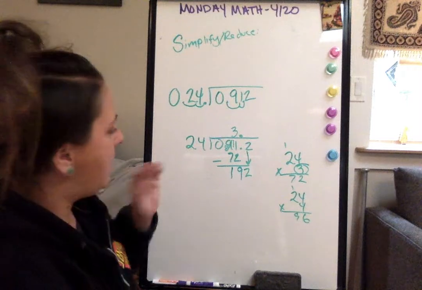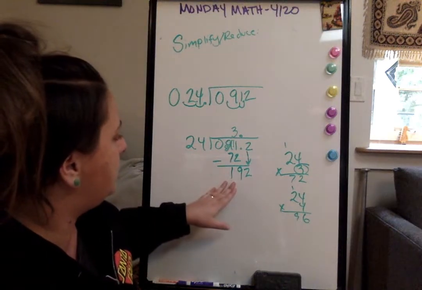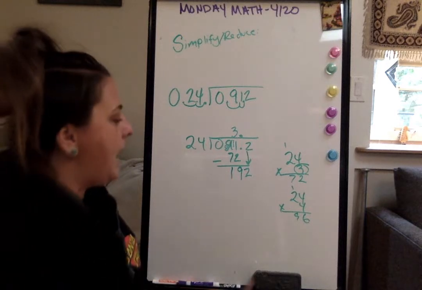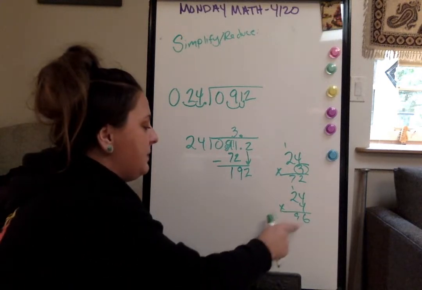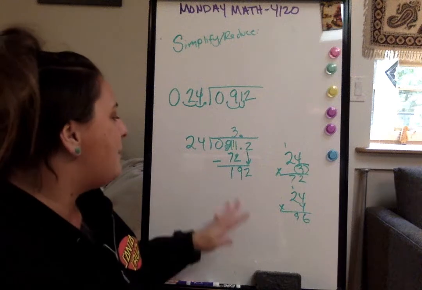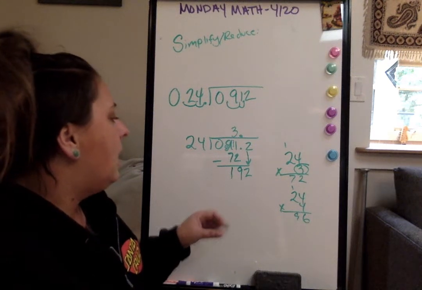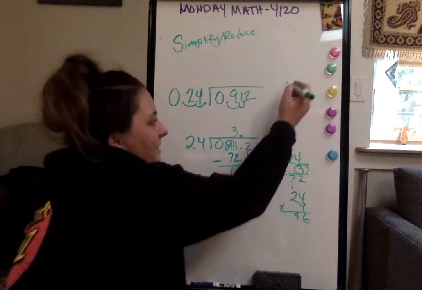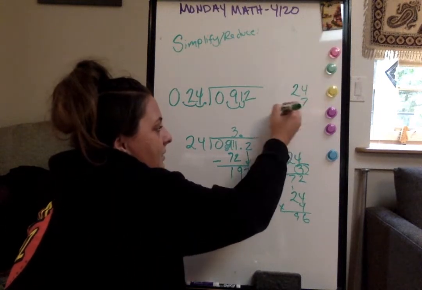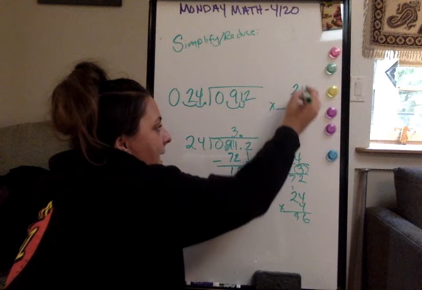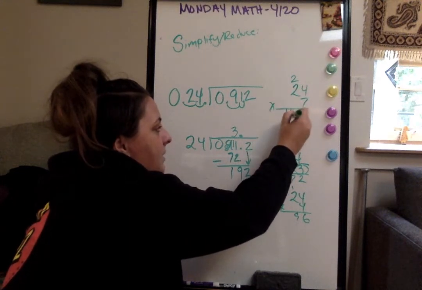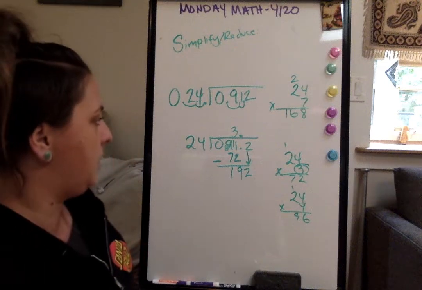Now we have to figure out how many times 24 is going to go into 92. So I already figured out that 24 times 4 was 96. So I'm thinking 24 times 7. So I'm going to try that. 7 times 2 is 14, 15, 16. 168 is close.